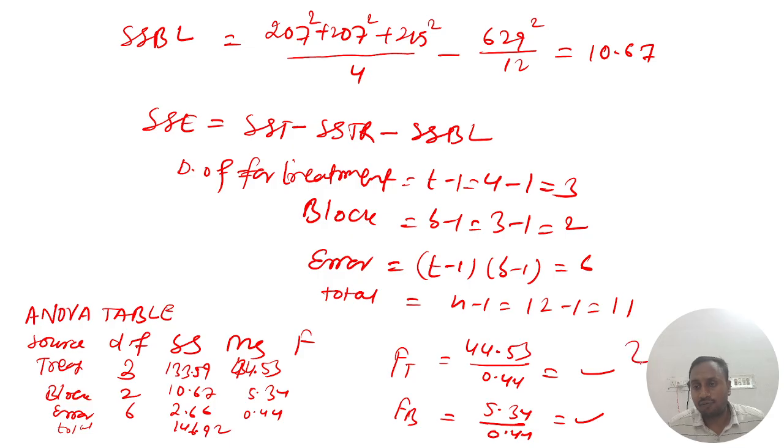For the case of treatment, the degrees of freedom will be 3, 6 at 0.05 from the table. For the block, F with 2 and 6 at 0.05. So now we can determine whether we are going to reject the null hypothesis or not. I think this question is clear.